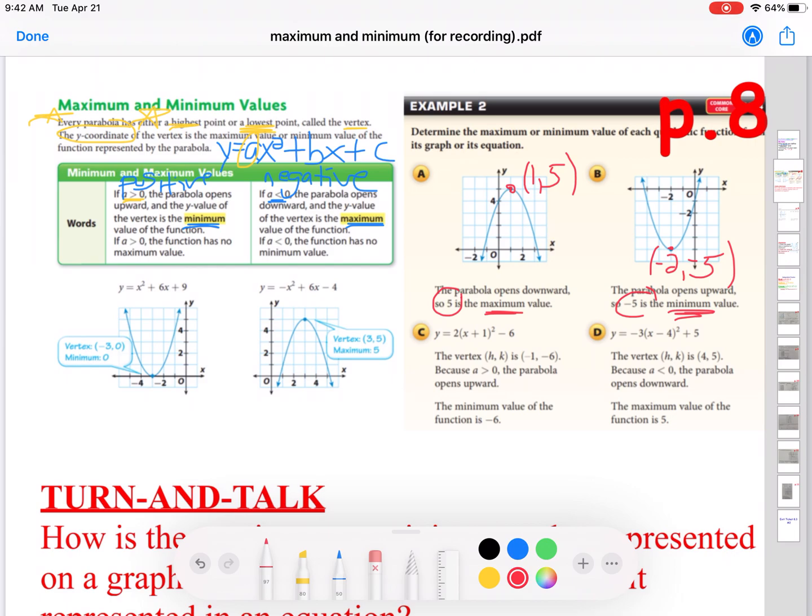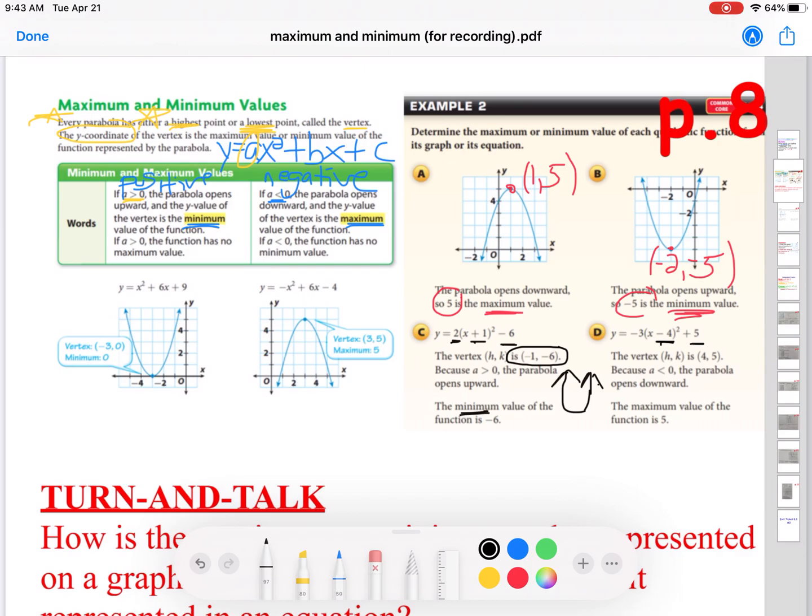Looking at an equation here, we remember that we can identify the vertex as (h, k), meaning it's the opposite of what's inside the parentheses and then the number at the end from our equation in vertex form. So in example C, our vertex would be (-1, -6). Because this a value out front is positive, that means our parabola opens upward, which means that we would have a minimum value.